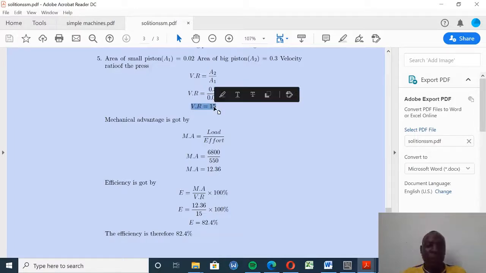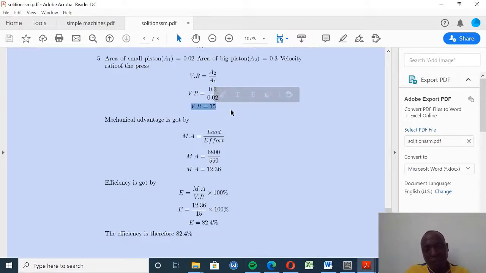Remember that the question is telling us to find the efficiency. They've given me the two areas, the load and the effort, which means I can get the efficiency of this machine by using the relationship efficiency is equal to mechanical advantage divided by velocity ratio times 100%.